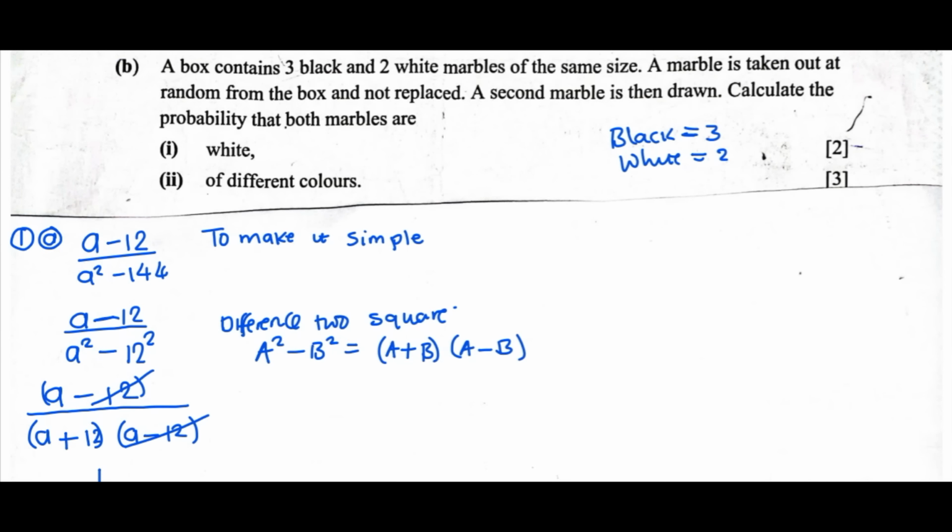So the total number of these is just 5. Now our tree diagram will consist of 2 branches. We are going to have 2 branches, and we'll consider this as our first pick. Then even here we are going to have our second pick.